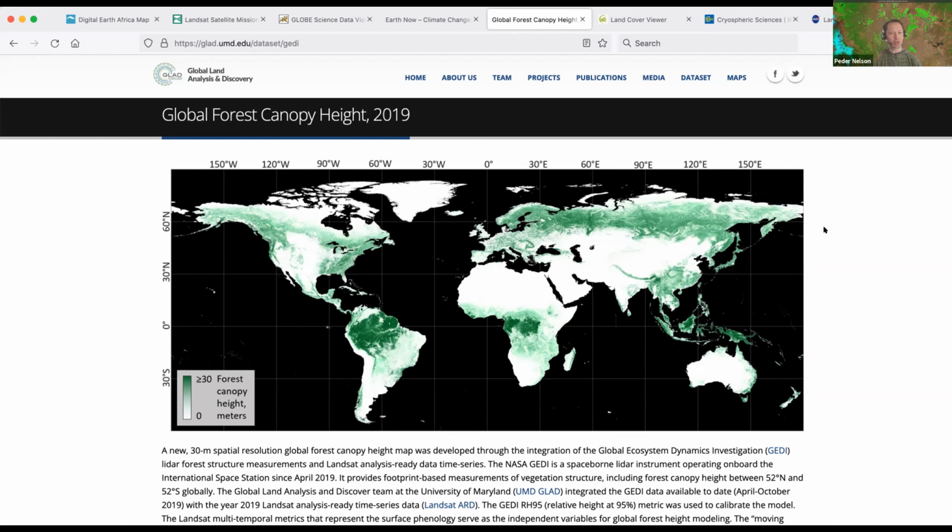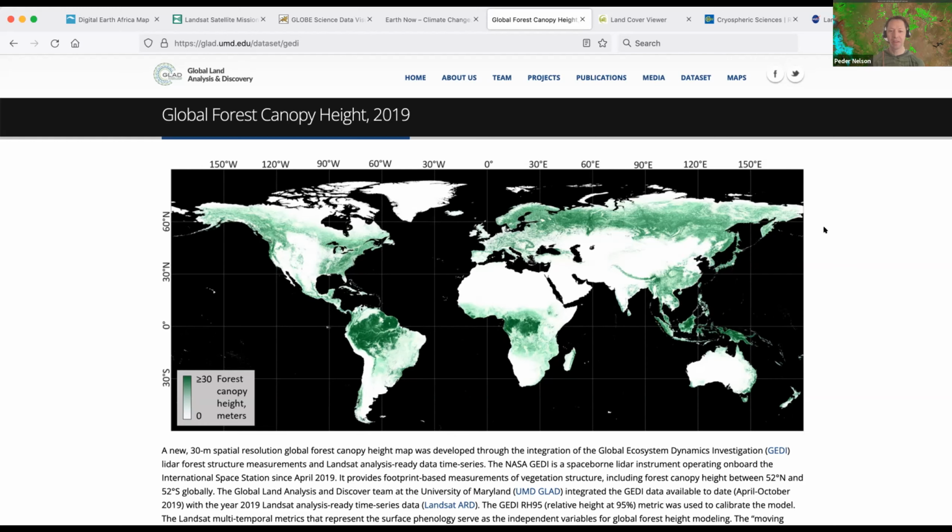It uses those structural measurements, but because we don't have those globally, we had to use Landsat data that gives us those global measurements.